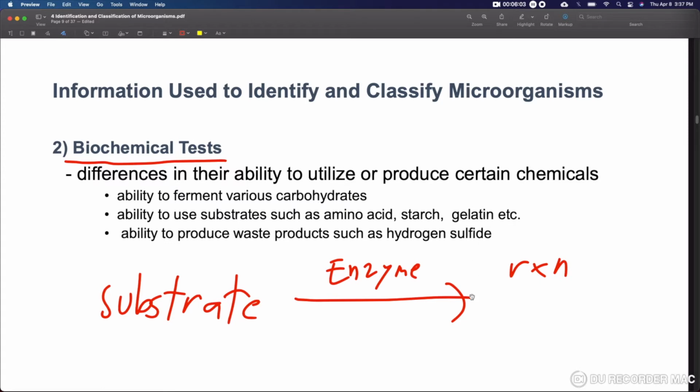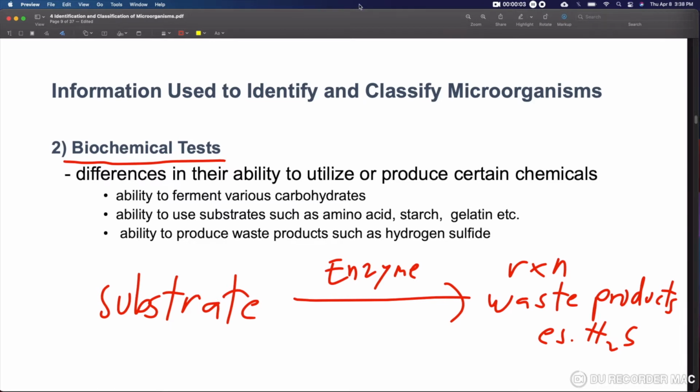And this reaction could be in the form of waste products, like your hydrogen sulfide, H2S, hydrogen sulfide, the presence of breakdown materials, cellulosic materials, things like that.